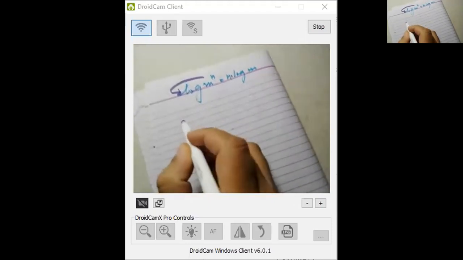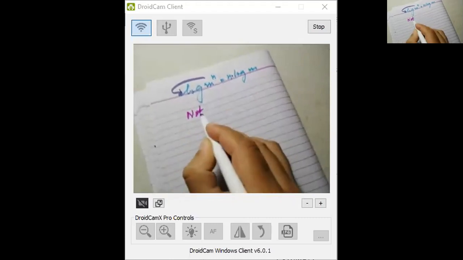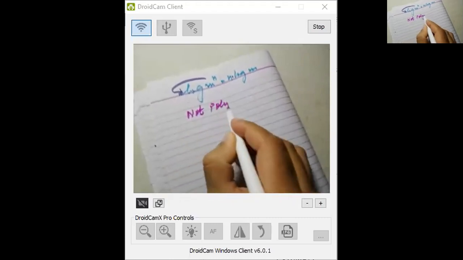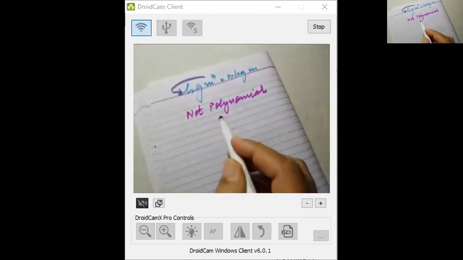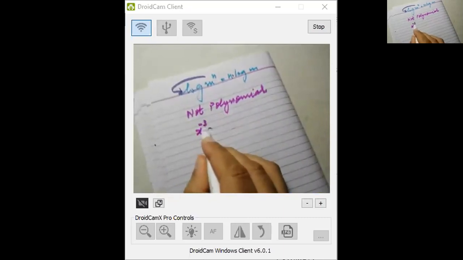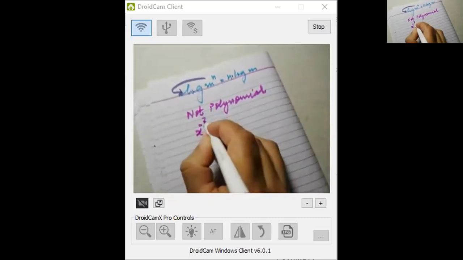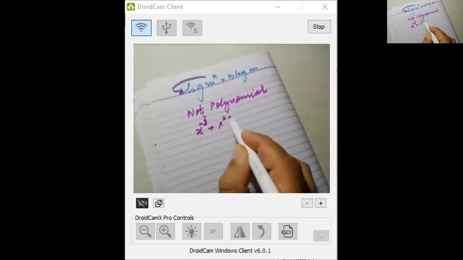Okay, I'm writing the examples which are not polynomials. I'm starting with the terms which are not polynomials, so that you can distinguish later which are the polynomials. Like if I would write x to the power minus 3 plus x to the power 2 plus x plus 1.